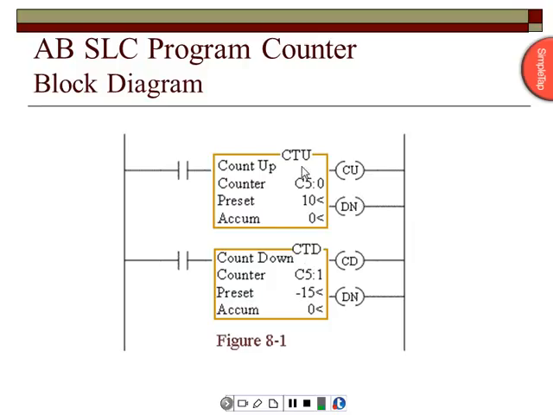I guess the T is for count. Alright, so the first thing in this box that you have to put in is the address. Oh, it's supposed to be a square. It's the address of the counter. Everybody okay? C5 something. Then you're going to put in your preset. How many things do I want to count? Well, on this one, it is a 10.